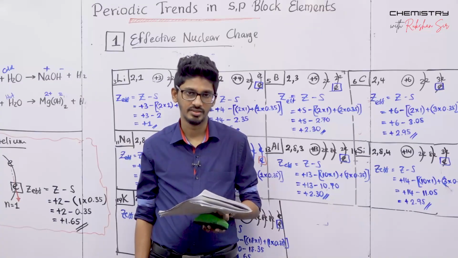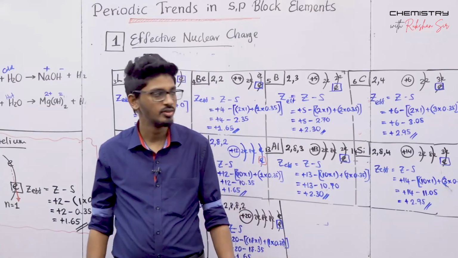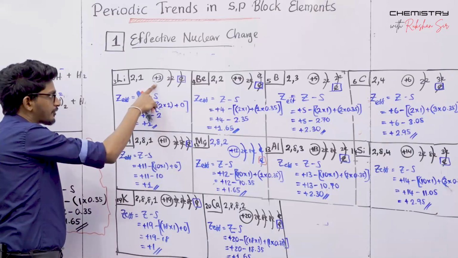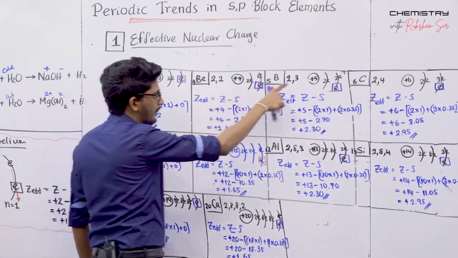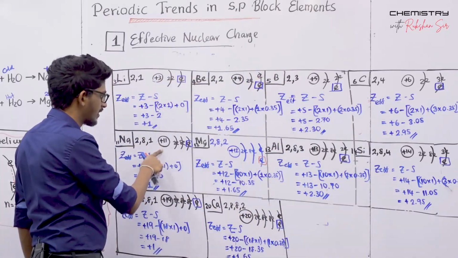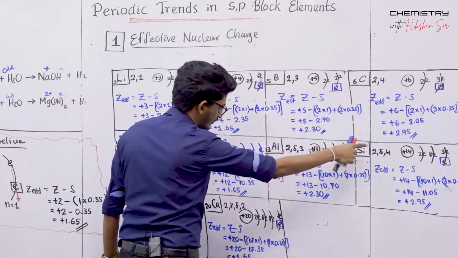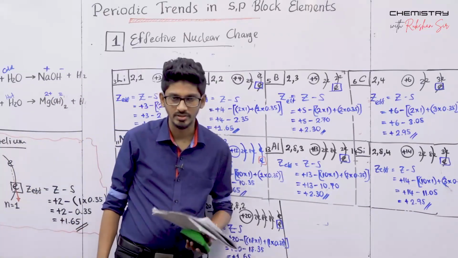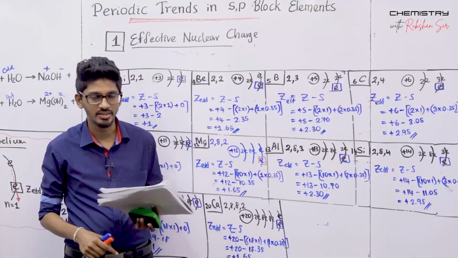Increases. EZ increases. You see? Going towards right of a period, EZ increases, no? Plus 3, plus 4, plus 5, plus 6. Plus 11, plus 12, plus 13, plus 14. EZ increases, right? That is the first thing to observe here. Nuclear charge increases.